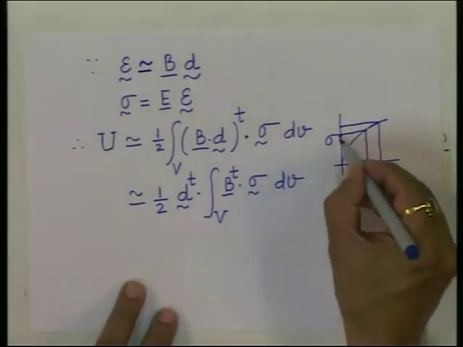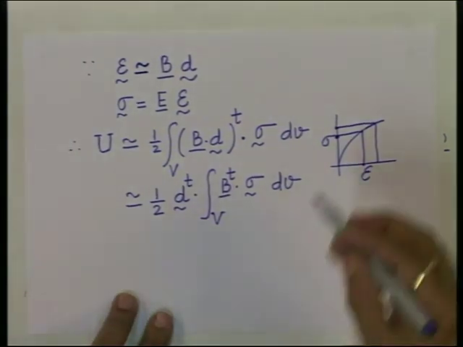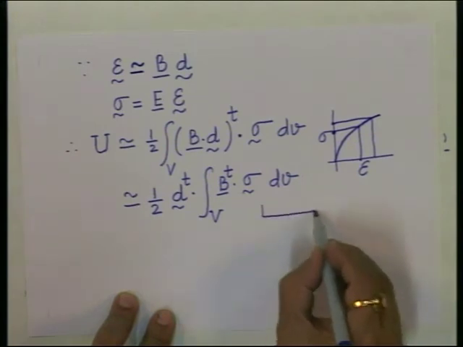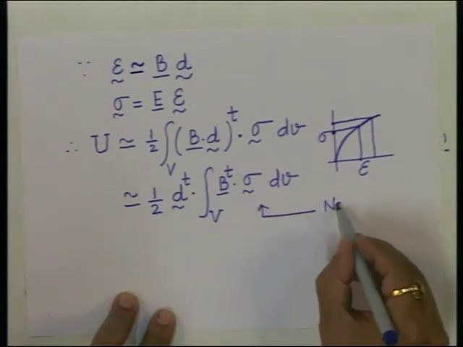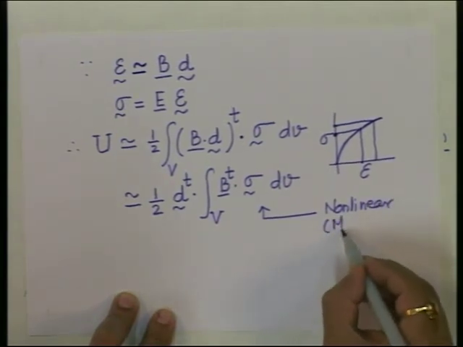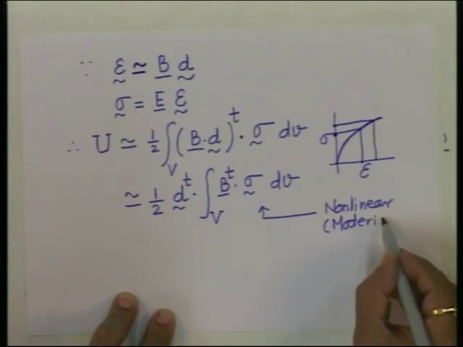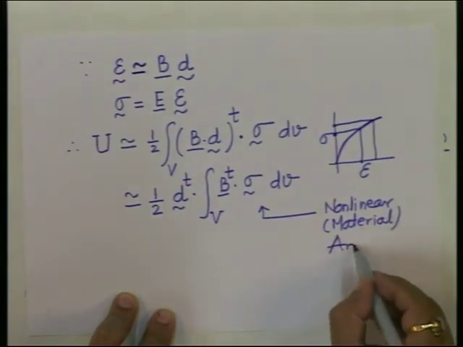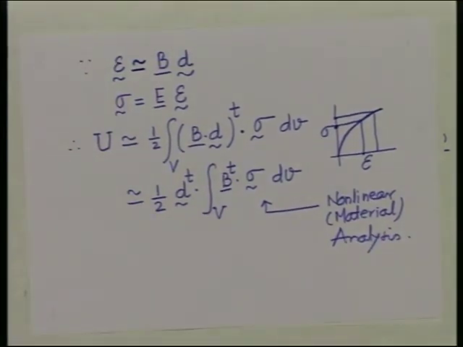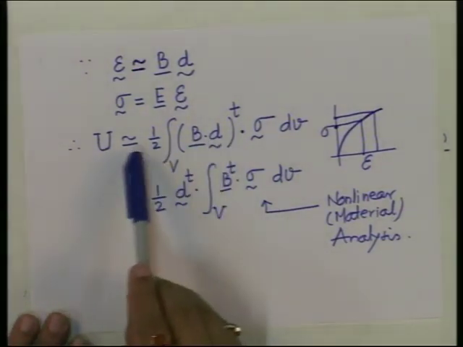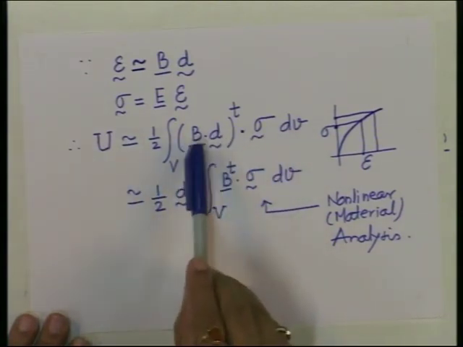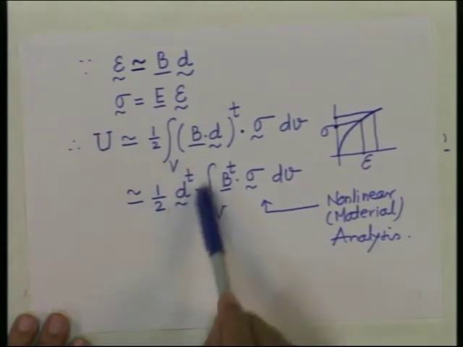So, I will have to take the correct strains from the graph, because it is non-linear. So, this expression is used in non-linear material analysis. Now, this expression is a discrete strain energy expression. Why is it discrete? Because we have discretized it, the nodal displacements D are coming.